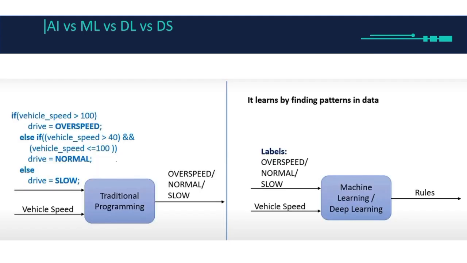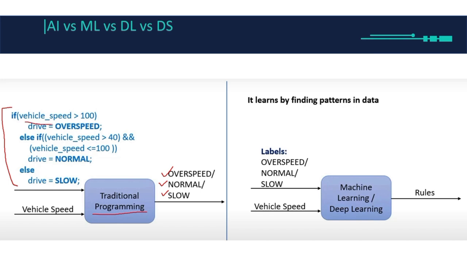If I am driving a car and I have three categories, one is overspeed, and then we have normal and we have slow. If I'm writing this program in traditional programming, I'm going to be doing it like this in if and else.